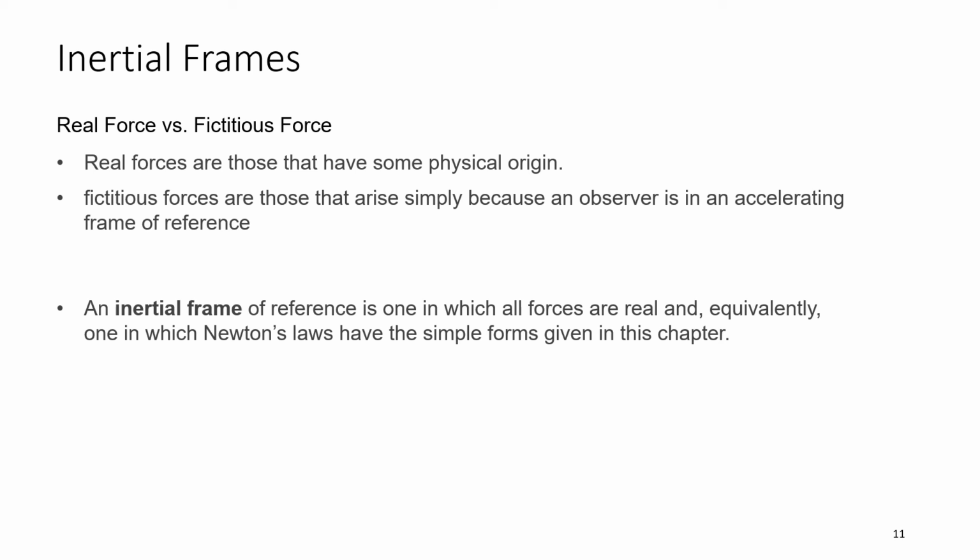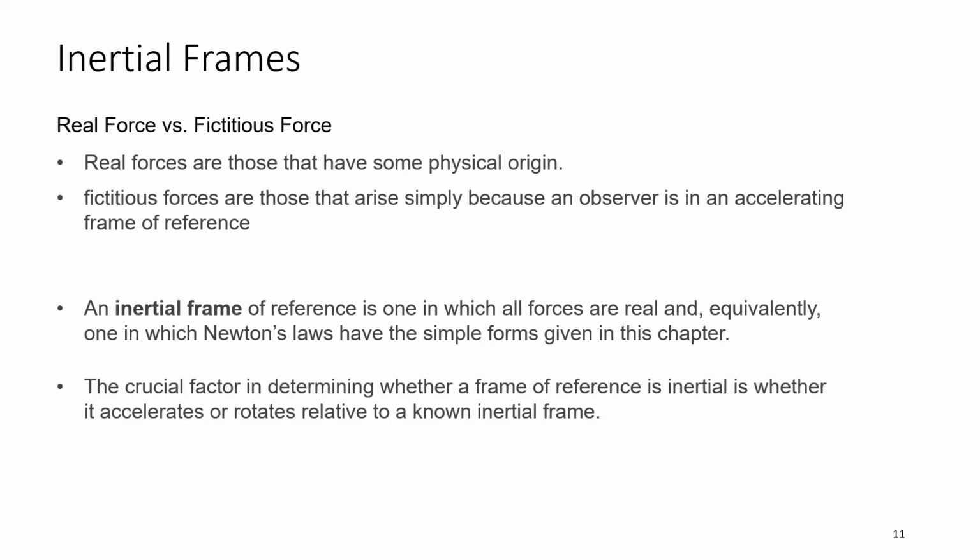The crucial factor in determining whether a frame of reference is inertial is whether it accelerates or rotates relative to a known inertial frame. Earth's rotation is slow enough that Earth is nearly an inertial frame.